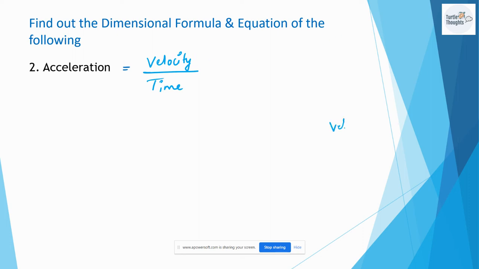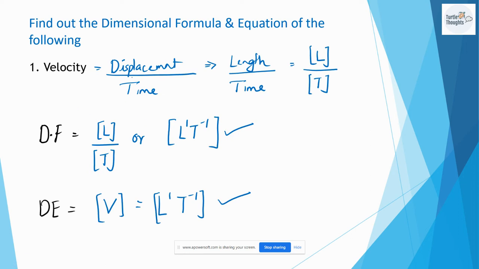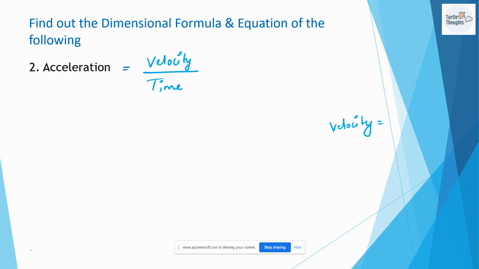We discussed in the previous slide that velocity is displacement over time, and we already know the dimensional formula for velocity. So I can substitute the same thing over here. What is extra? Extra is time. For velocity, the dimensional equation I got was L raised to power 1 T power minus 1. And here I have my T, so I will be writing T over here.